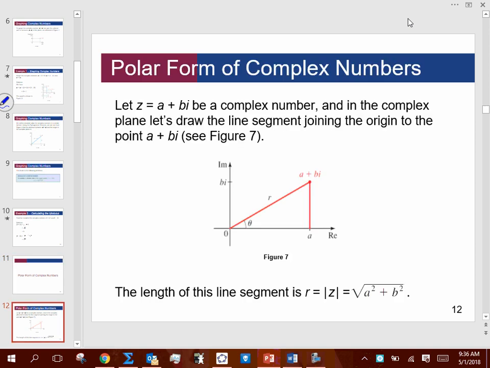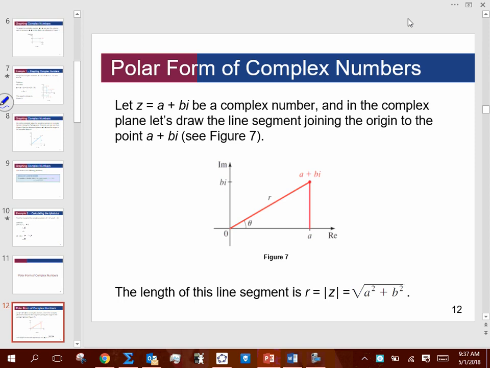So the idea is if I let a plus bi be a complex number in the complex plane, then I take that modulus of z, that line segment or that vector, and that is the hypotenuse of that right triangle. It's the radius of some circle, and when you're thinking about polar, we're talking about circles, right?